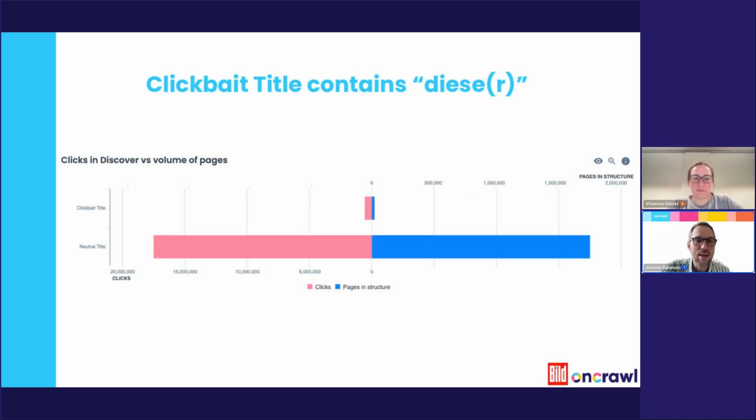So I asked Vivienne for an easy way to catch clickbait titles, and she told me it should contain "dieser" or "diese", which in English would be "this" or "those", or titles starting with this. As you're probably aware, there are different ways of forming a clickbait title.